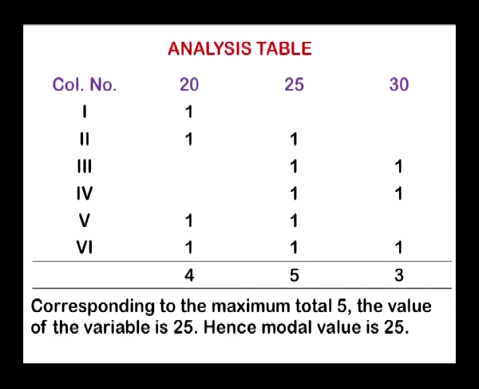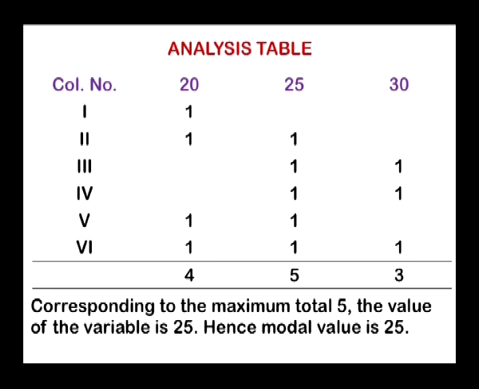Now, the second step is to prepare the analysis table, and that is prepared on the basis of the group table. First of all, in column number 1, the frequency of 20 is 1, but there is no frequency for 25 and 30. In the second column, 20 has got 1, 25 also has got 1. In the third column, 25 has got 1, 30 has got 1.